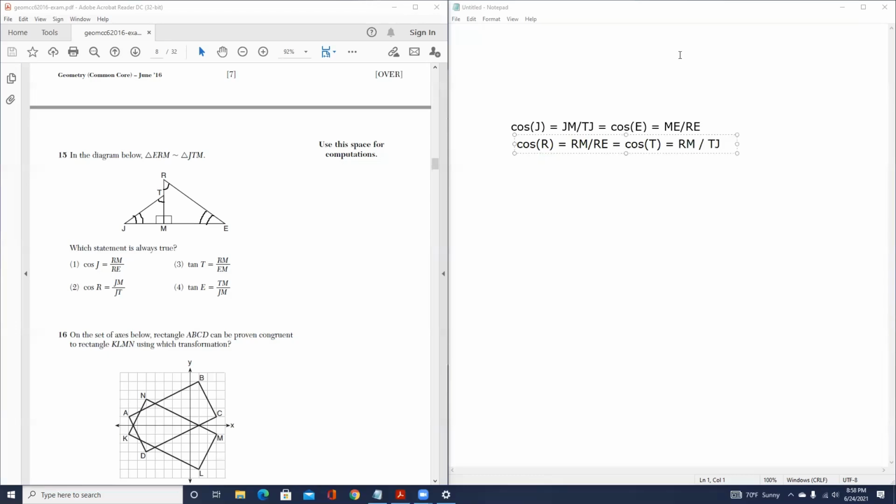Let's do this again for the third option. In this case, we have tan of T is equal to JM over TM. But we know that this is also equal to tan of R, which is equal to ME over RM.